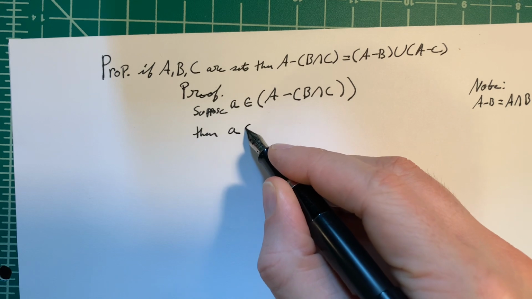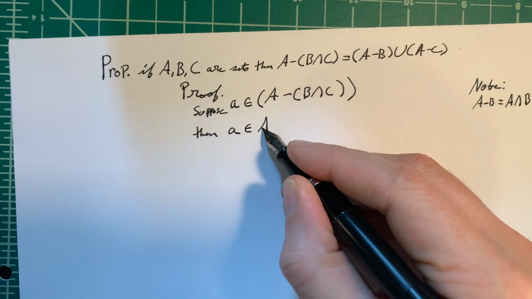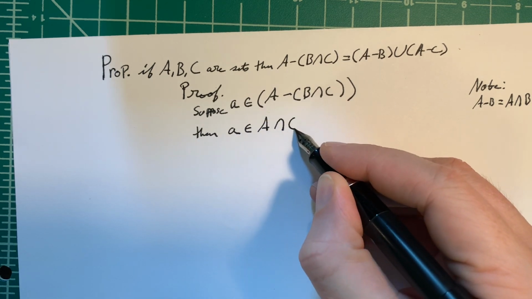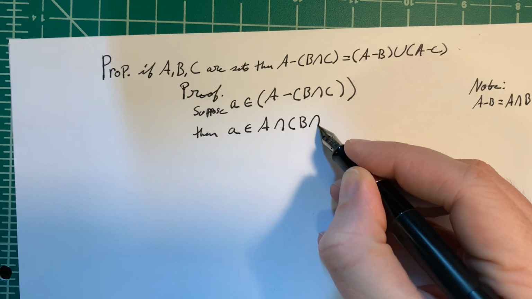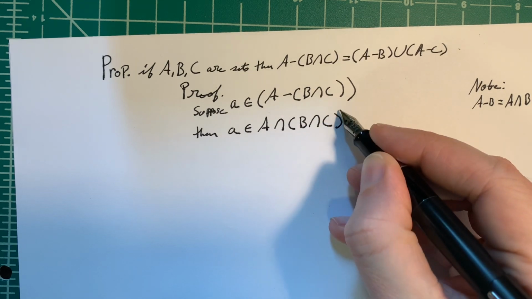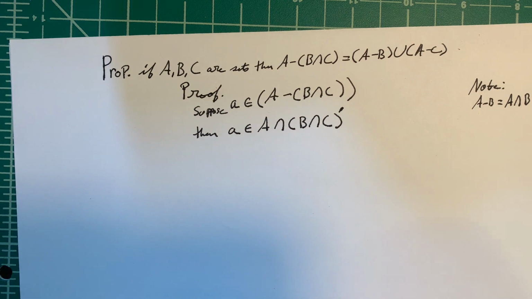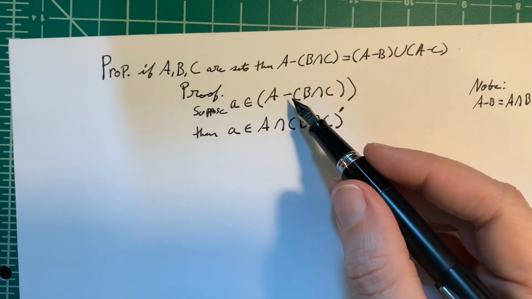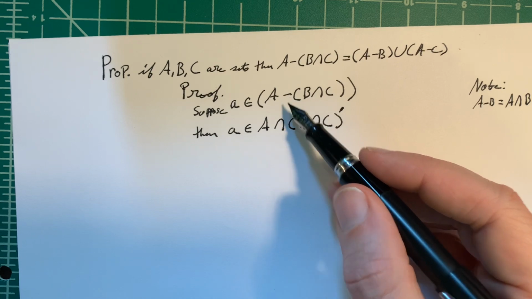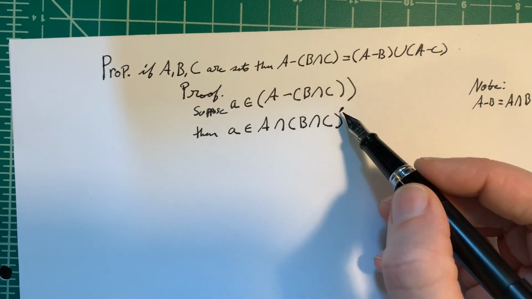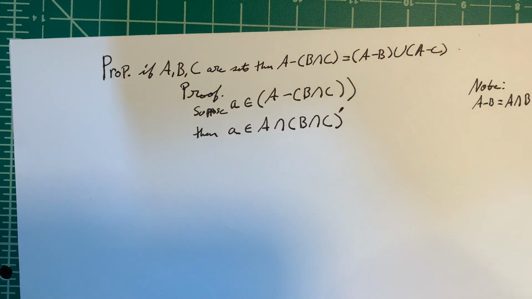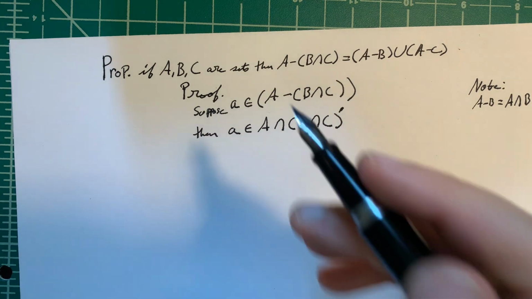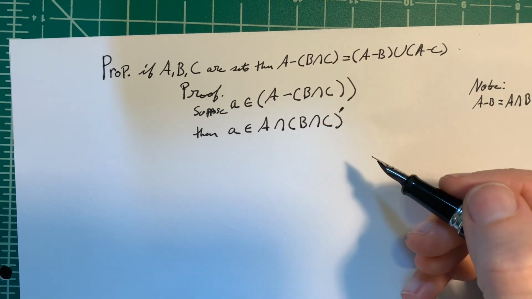So a is an element of A and (B and C) complement. Okay, so not this. That's what the subtraction was. So what I've done so far is I've just removed the subtraction piece. That becomes "and" and that becomes complement. Okay, that's just a notational thing. That's nothing serious, but that's what's going on there.